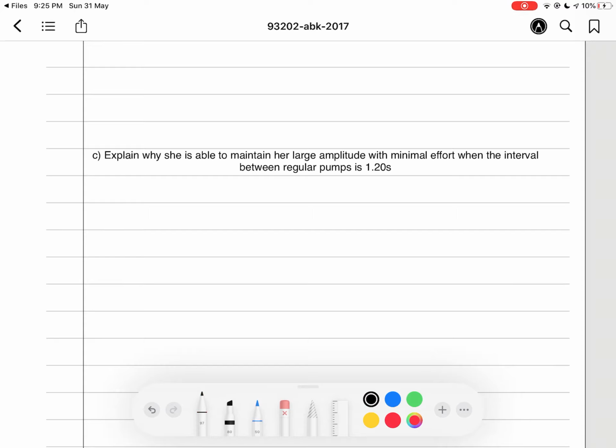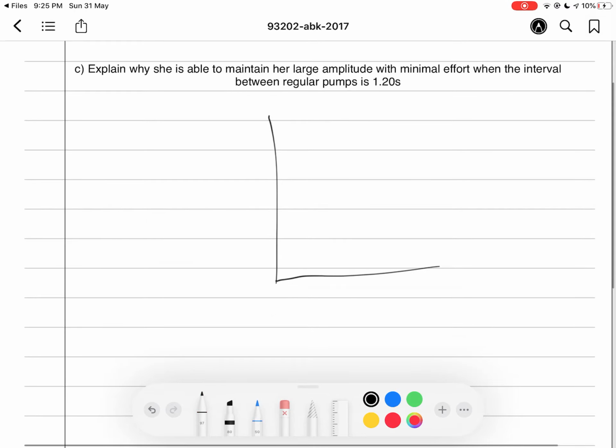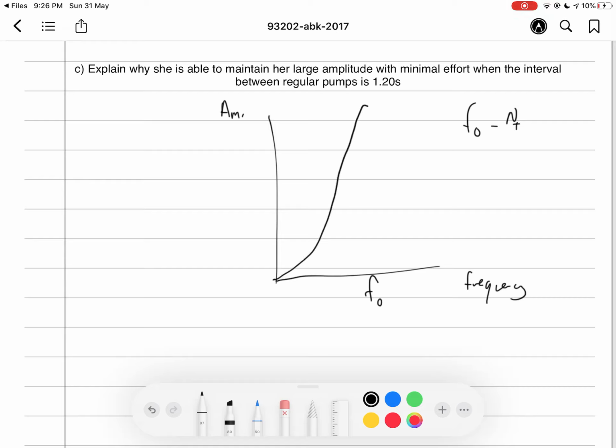Just to demonstrate what I mean, let's draw a graph real quick. If f0 is our natural frequency, this is the frequency on our x-axis, and we have our amplitude on our y-axis. The graph should look something like this.